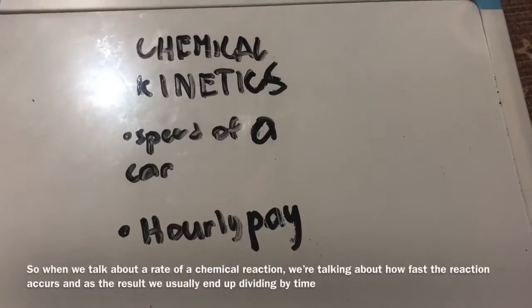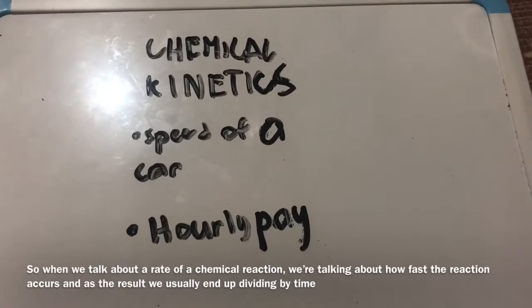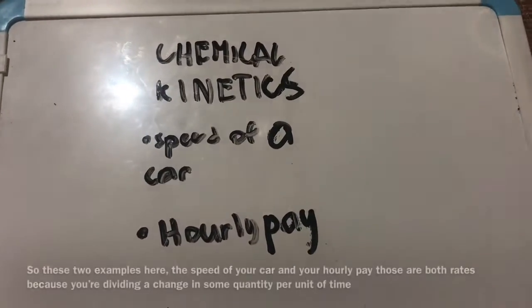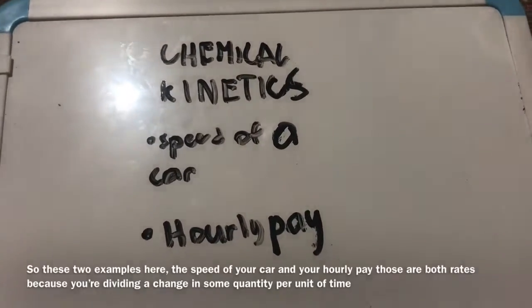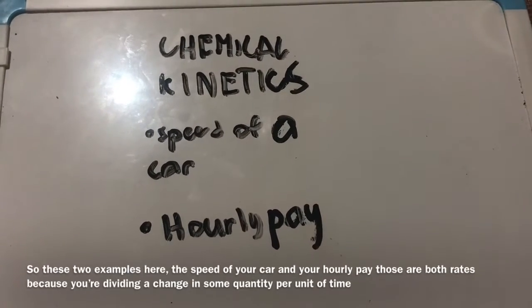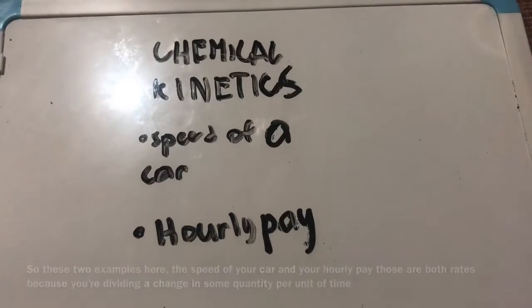When we talk about the rate of a chemical reaction, we're talking about how fast a reaction occurs, and as a result, we usually end up dividing by time. So these two examples here, the speed of your car and your hourly pay, are both rates because you're dividing a change in some quantity per unit of time.